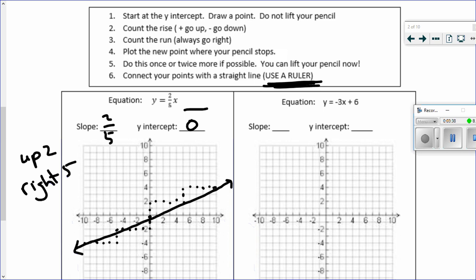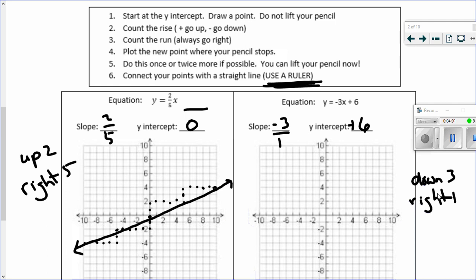Okay, so same thing. Have a look. Your y-intercept is the easy one, plus 6. Now our slope is a little harder in this case. So it's that -3 means down 3, right 1.